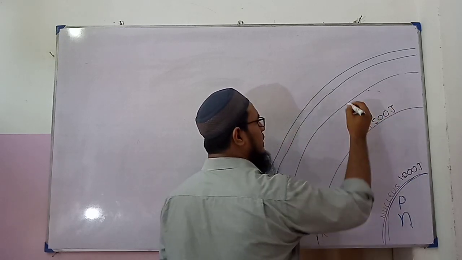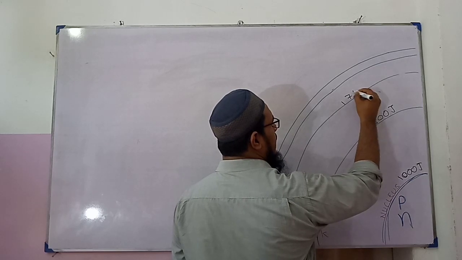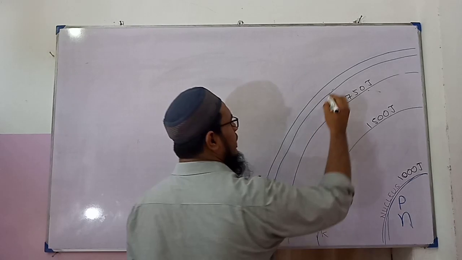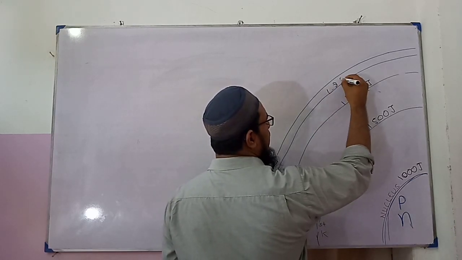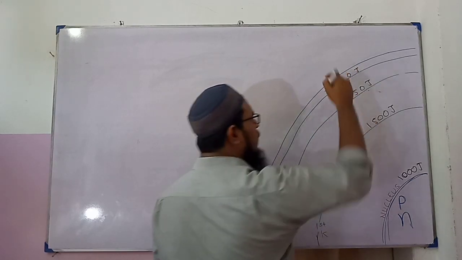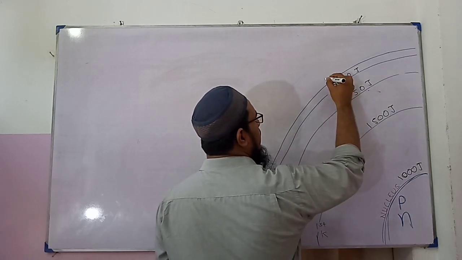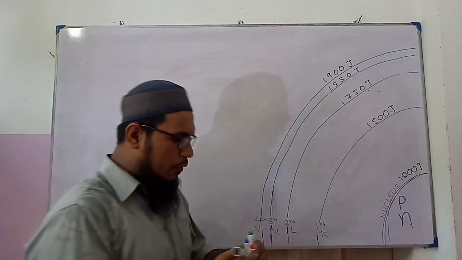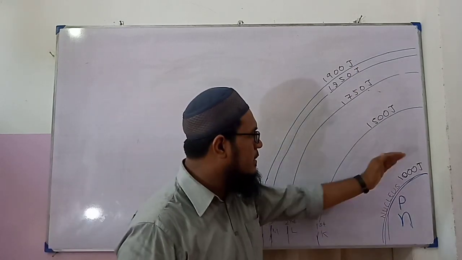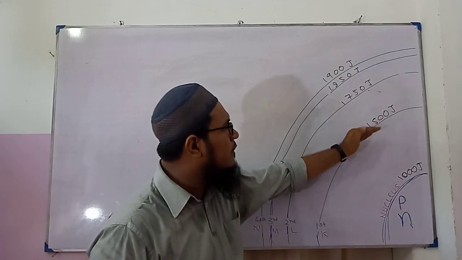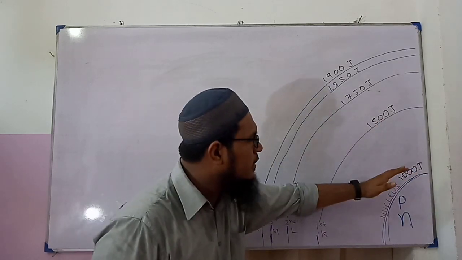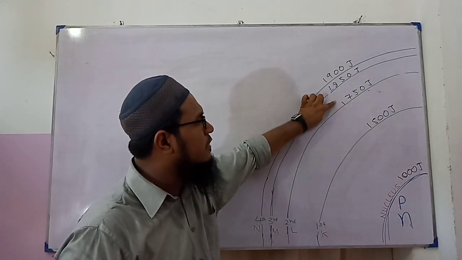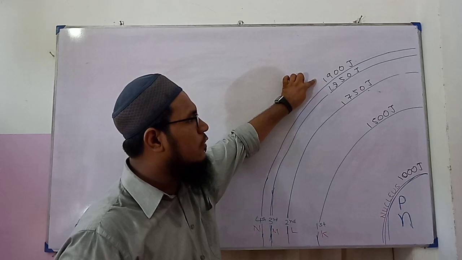Then the second energy level will be 1750 joules. The next one will be 1850 joules. The fourth energy level will be 1900 joules. Now tell me what is happening to the energy when going from one energy level to the other. The energy is obviously increasing. 1000, 1500, 1750, 1850, 1900.